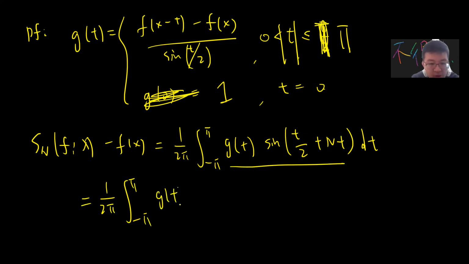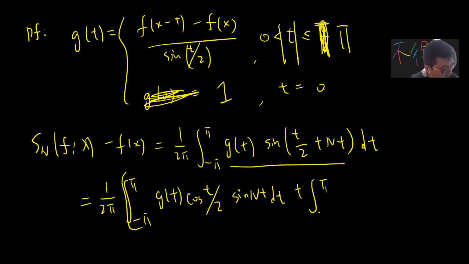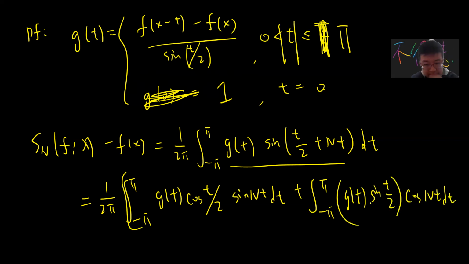So we have the integral of g(t) cosine(t/2) sine(nt) dt plus the integral from negative pi to pi of g(t) sine(t/2) cosine(nt) dt. Okay.